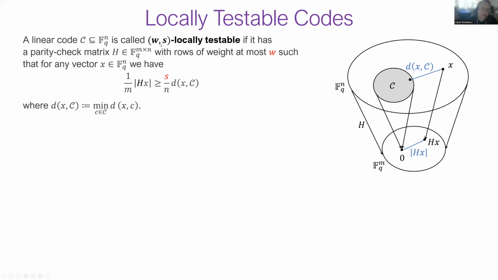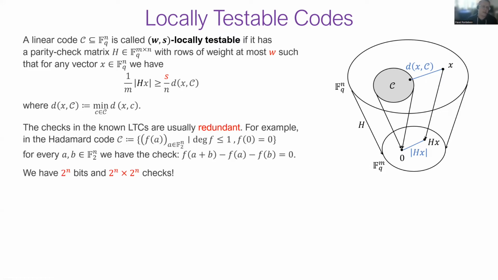We call a code VS locally testable if each row of the parity check matrix is bounded from above by W, and we also have this inequality, which actually says that if the syndrome is small, then the distance from the bit string to the code is also small.